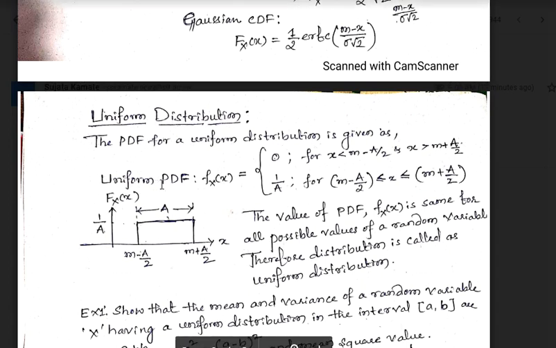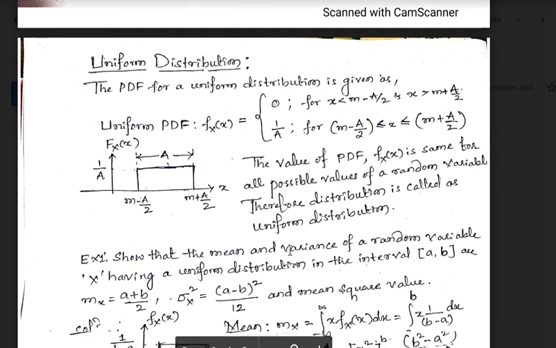The uniform PDF, fx of x, is equal to 0 for x less than m minus a by 2 and x greater than m plus a by 2, and it is equal to 1 by a for x between m minus a by 2 and m plus a by 2, and 0 for the other ranges.